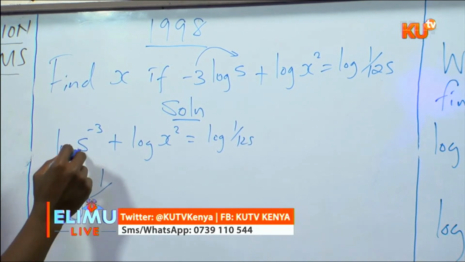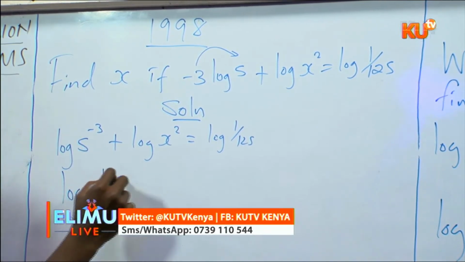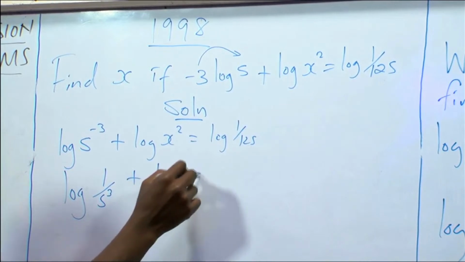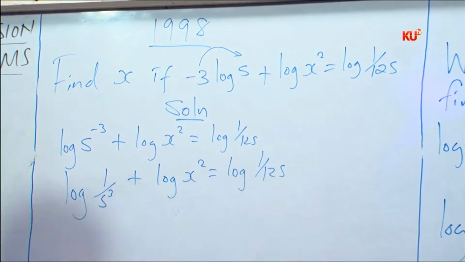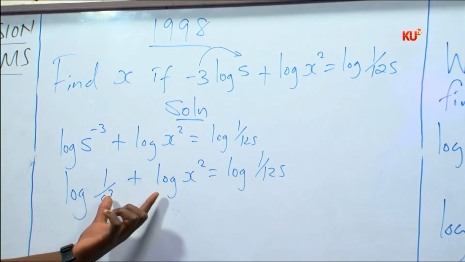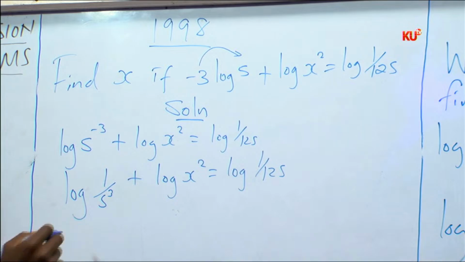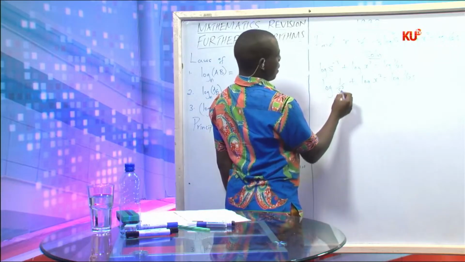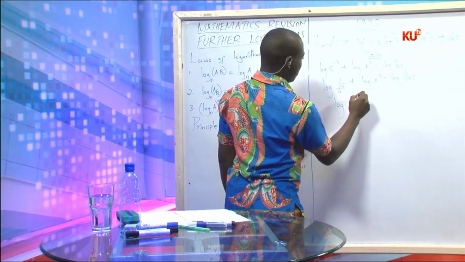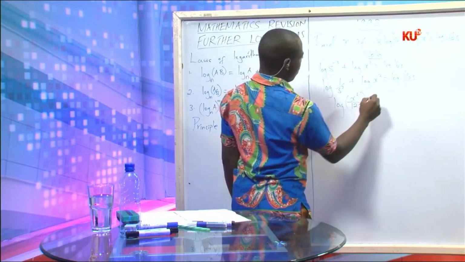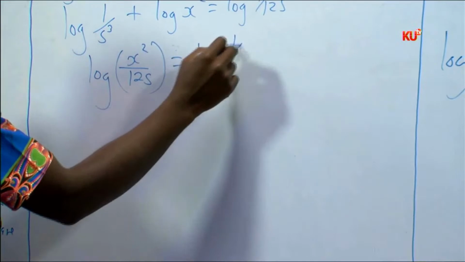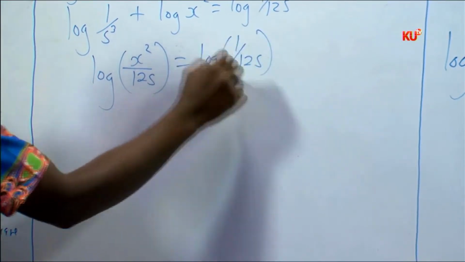So now it becomes 5 to the power 3, then plus log x squared is equal to log 1 over 125. We apply law number 1 of logarithms, multiplication. So we have log of x squared times 5 cubed, that is 125, equal to log 1 over 125.